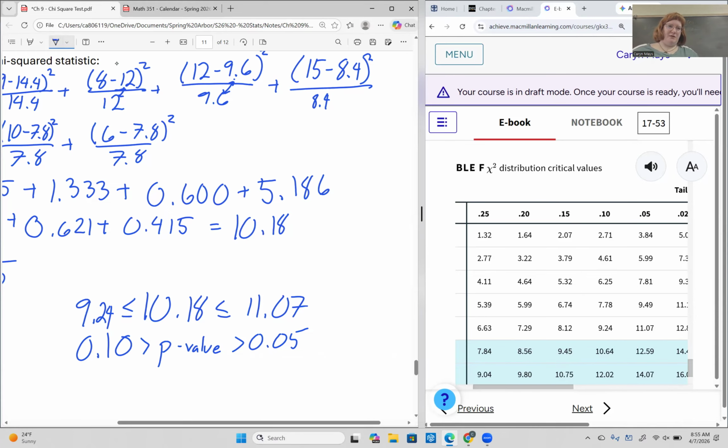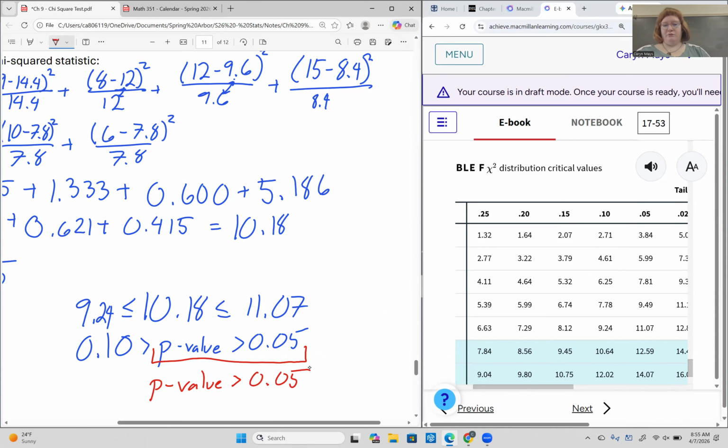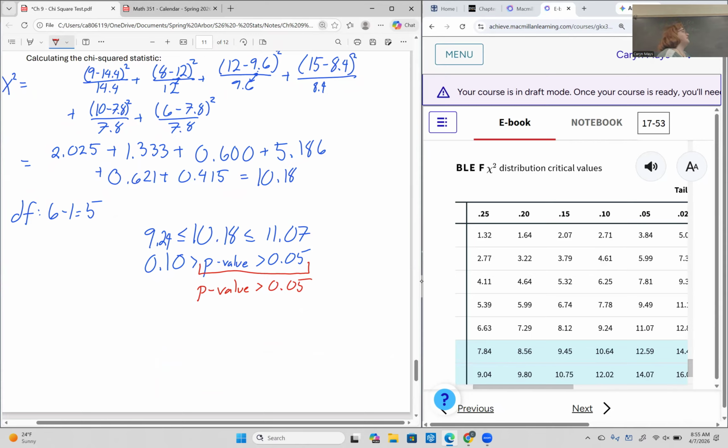This is a nice one where it's written right there. P-value is bigger than 0.05. So when our p-value is bigger than our significance level, do we reject or fail to reject? We fail to reject.